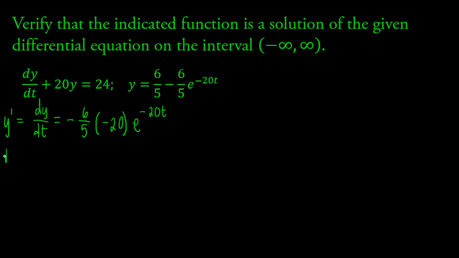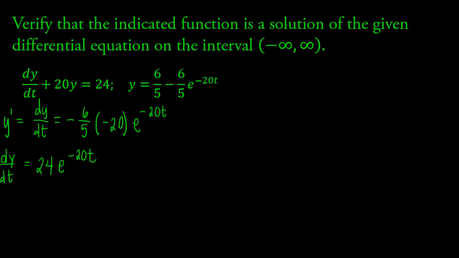Simplifying that, I now have dy/dt equals, of course, 5 divides into negative 20, giving me a negative 4. Negative 4 times negative 6 is a positive 24 e^(-20t).